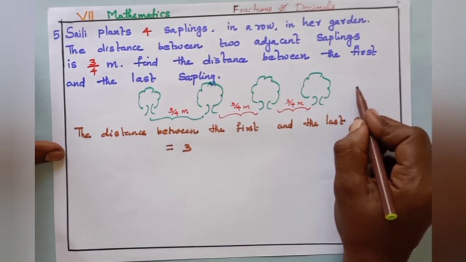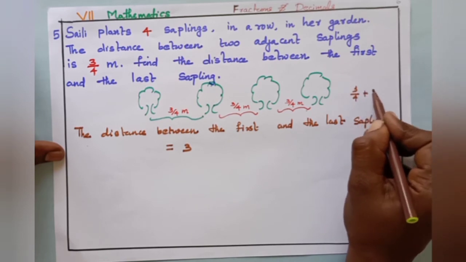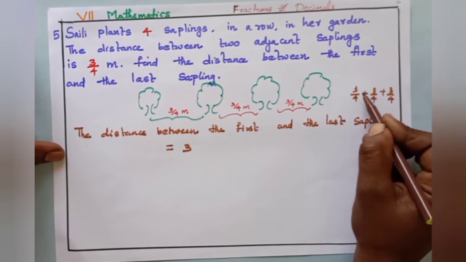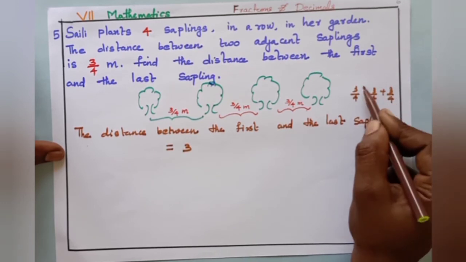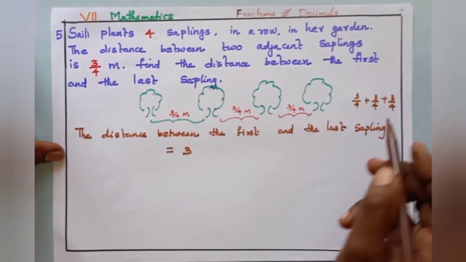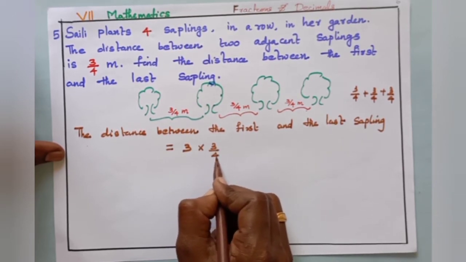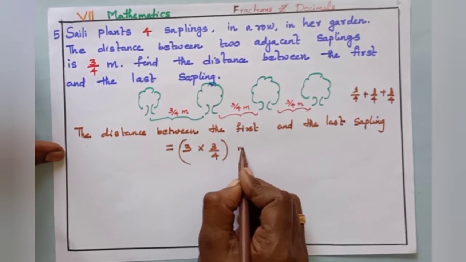Otherwise we can do by 3 by 4 plus 3 by 4 plus 3 by 4, 3 by 4 added 3 times. That means 3 into 3 by 4 meter.